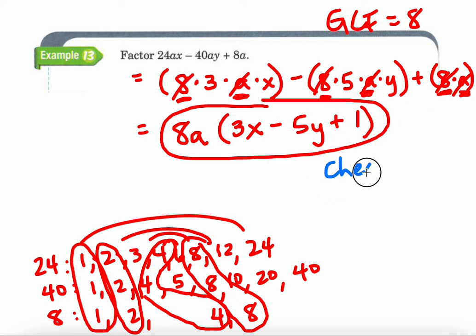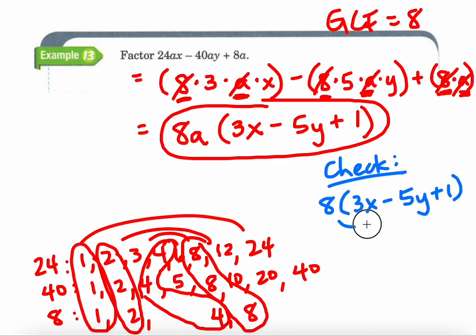So we're going to check our work here by actually doing that distribution. So everybody's going to multiply by 8. Oh, sorry, 8A. Forgot to write that down. 8A.